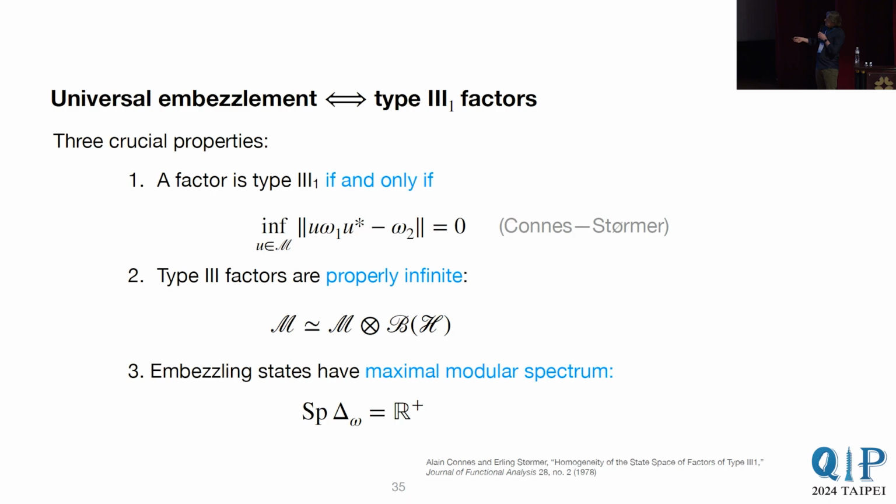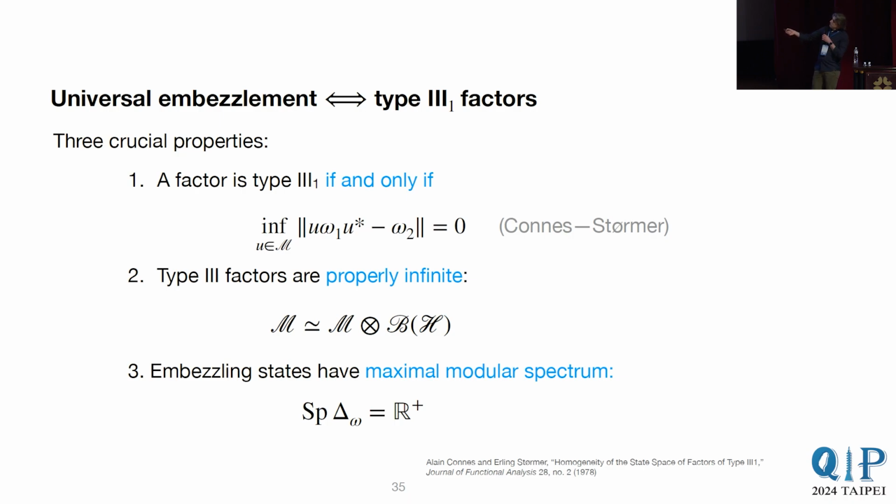So that means if you take these tensor product states, which we are interested in for embezzlement, so your embezzling state tensor any state on a finite dimensional matrix algebra you want to embezzle from it, then you can identify this with a state on the algebra itself. And then this homogeneity of the state space tells you that you can map it to any other state with arbitrary precision. So this tells you that only these two properties should give this universal embezzling property.